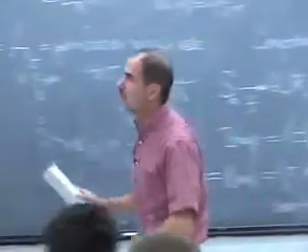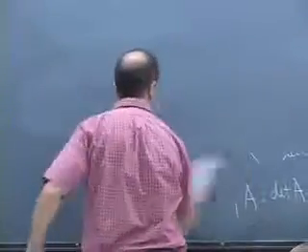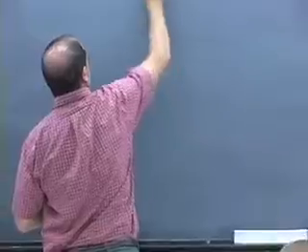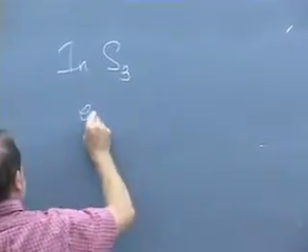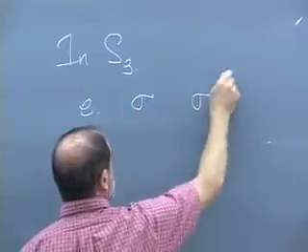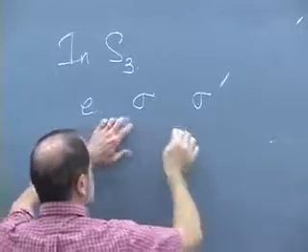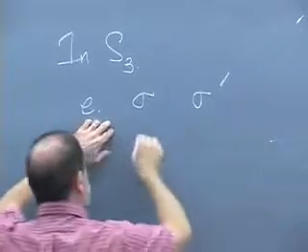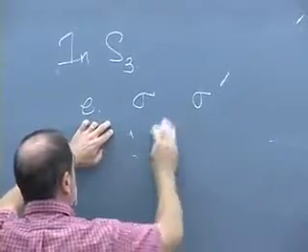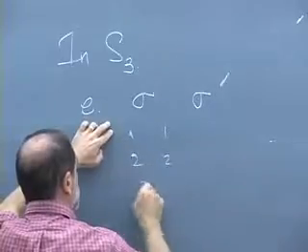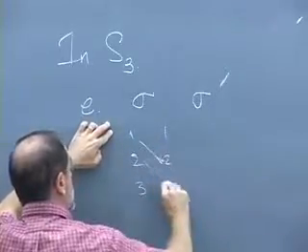Okay, let's just work out in the symmetric group on 3 letters, what's the kernel and what's not. In S3, the identity element, sigma and sigma prime, these are the cycles that go around in 3: 1 to 1, 2 to 2, 3 to 3. This is sigma.